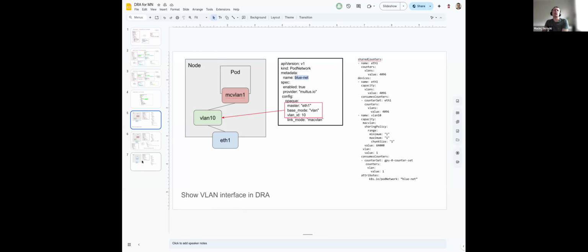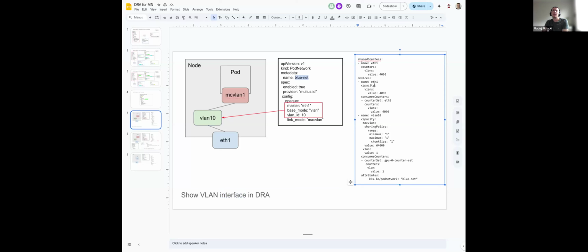And this is the question, right? Whether the VLAN interface is shown in the DRA resource. I think we came up with two possible approaches for this. So we had a parent interface called out here, right? And basically those are shared counters, right? Here our ETH1 has a total value of 4,000 VLANs, right?